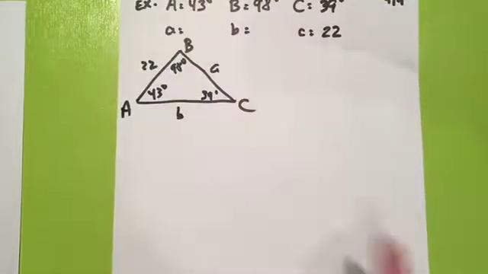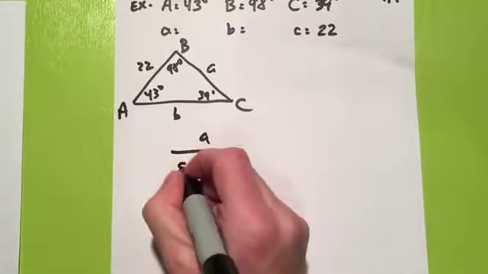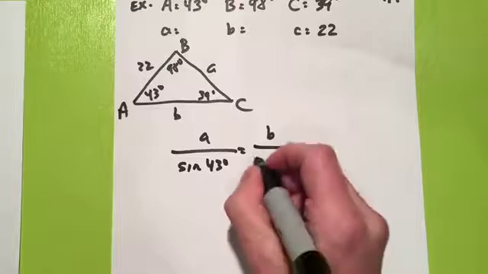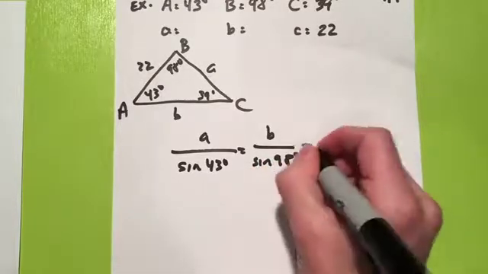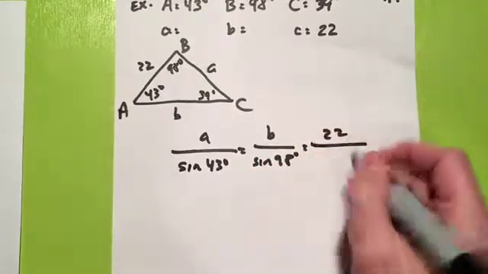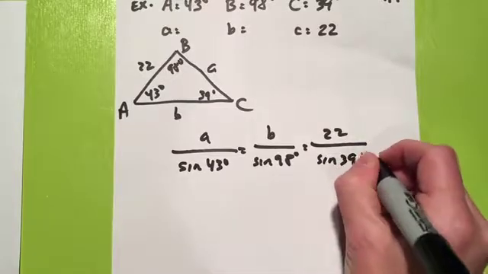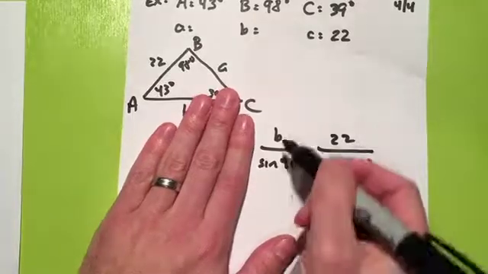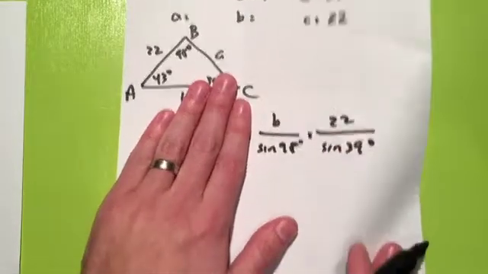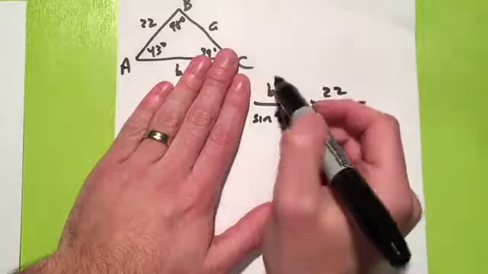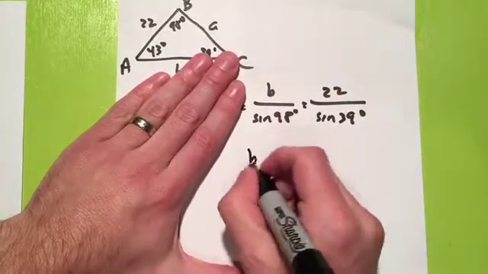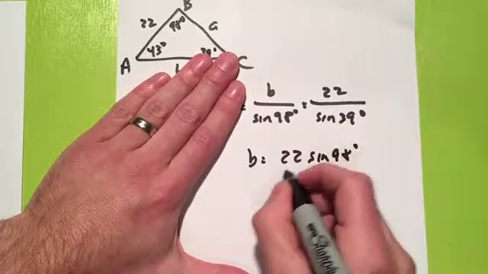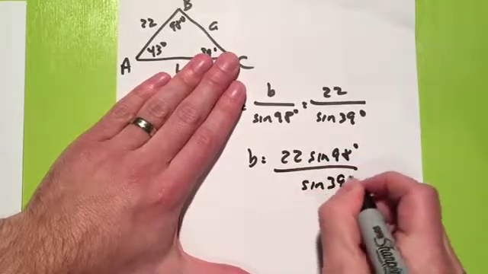By the law of sines, we're going to have A over the sine of 43 degrees equals B, whatever it is, over the sine of 98 degrees, equals C, in this case, 22 over the sine of 39 degrees. Pick two ratios. We have one unknown between the two of them. We'll solve for that part. If I'm solving for B, I've got 22 sine 98 degrees over sine of 39.